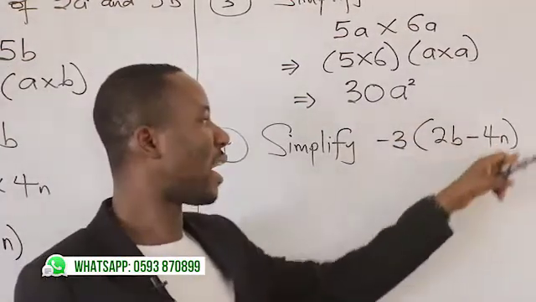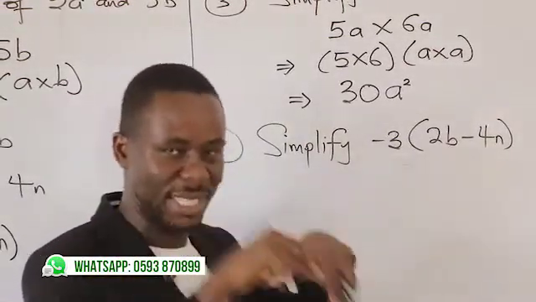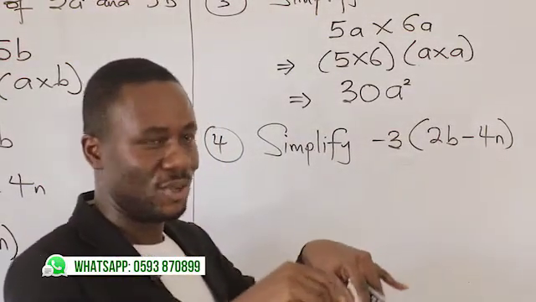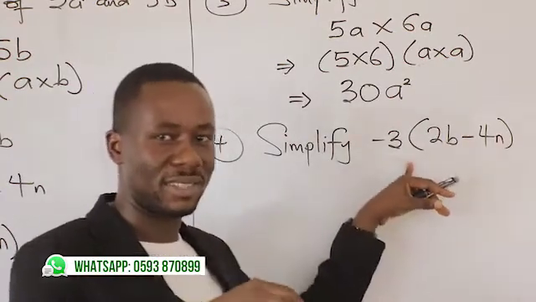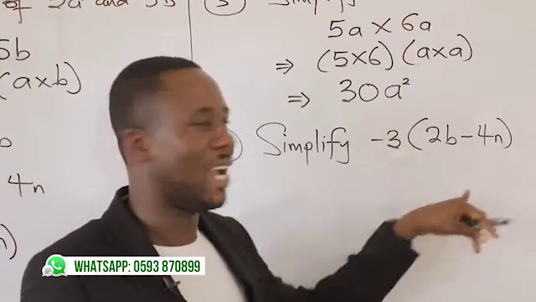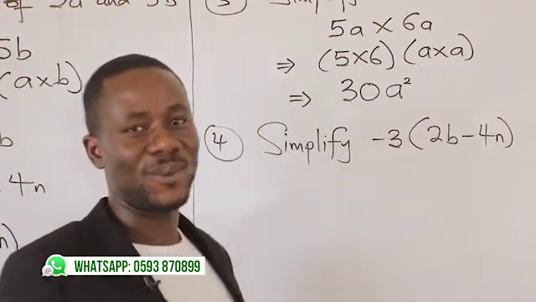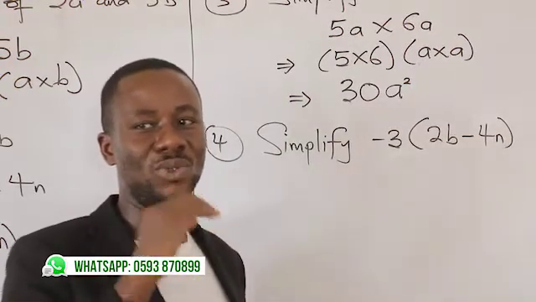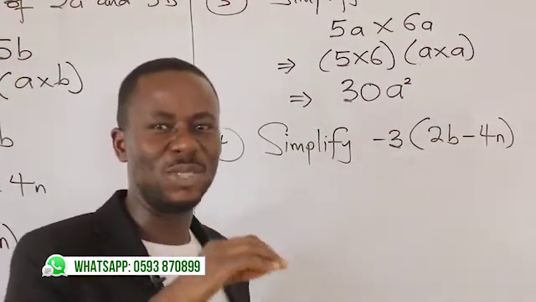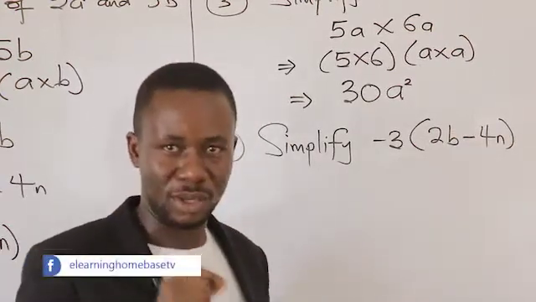Mind you, I told you bracket means multiplication. So whatever is outside the bracket multiplies what is in the bracket. Whatever expression is outside the bracket also multiplies what is in the bracket. And this aspect is what we call expansion. When we say expansion in mathematics, it means you have to do away with the brackets. And you do away with the bracket with the introduction of multiplication.